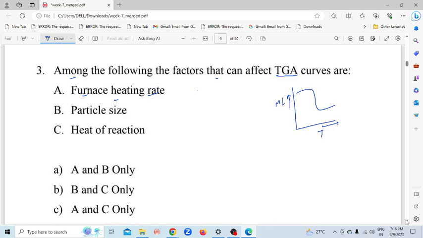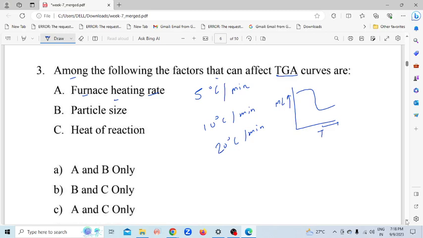Suppose you are heating at 5 degrees centigrade per minute, which means the temperature of your furnace will increase 5 degrees per minute. You can change it, you can raise it to 10 or 20 degrees per minute, or you can decrease it also. So what is the effect of the heating rate?